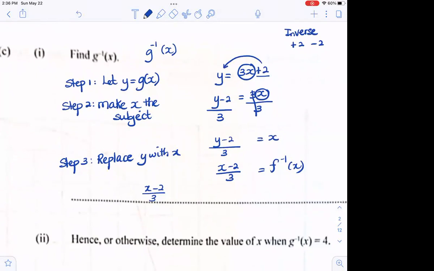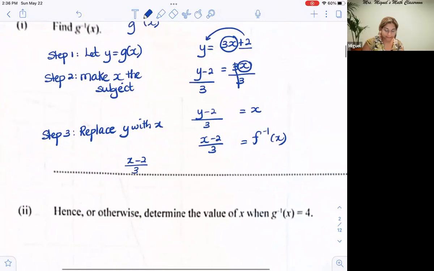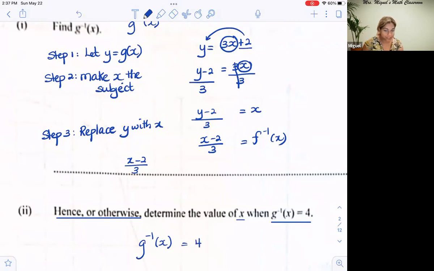Finish, Miss. All right. The next part says, hence or otherwise determine the value of x when g inverse x is 4. So they are telling you g inverse x is equal to 4. What is g inverse? Well, g inverse is the expression that we found in the previous part.